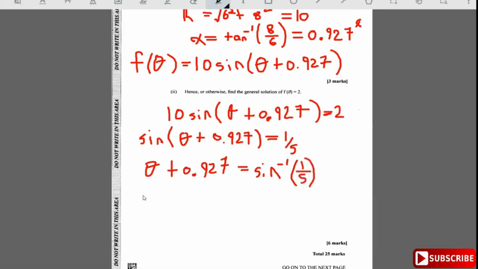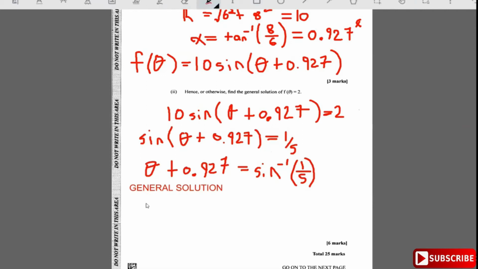And so what would be the general solution? If you wanted to write a general solution for theta, let's do it now. As you know, there are going to be two values.